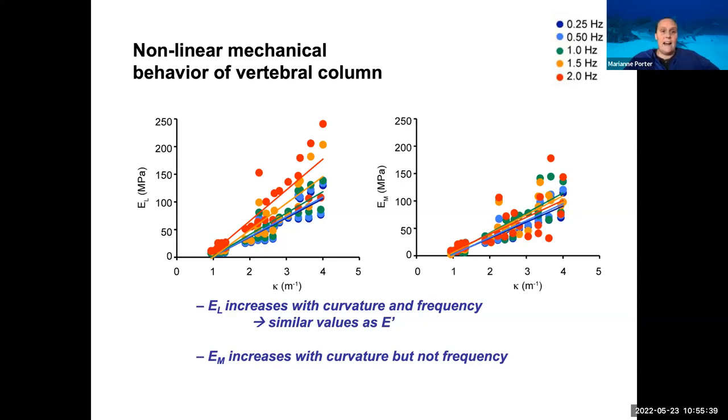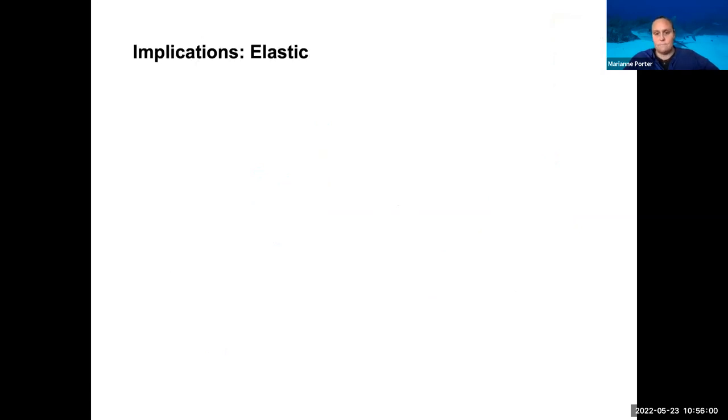So what we get out of our data could be very different, again, depending on if we're looking at stiffness at the largest strain or at the minimum strain. And in our particular case, for these vertebral columns, our largest strain stiffness was similar to our storage moduli that we calculated.